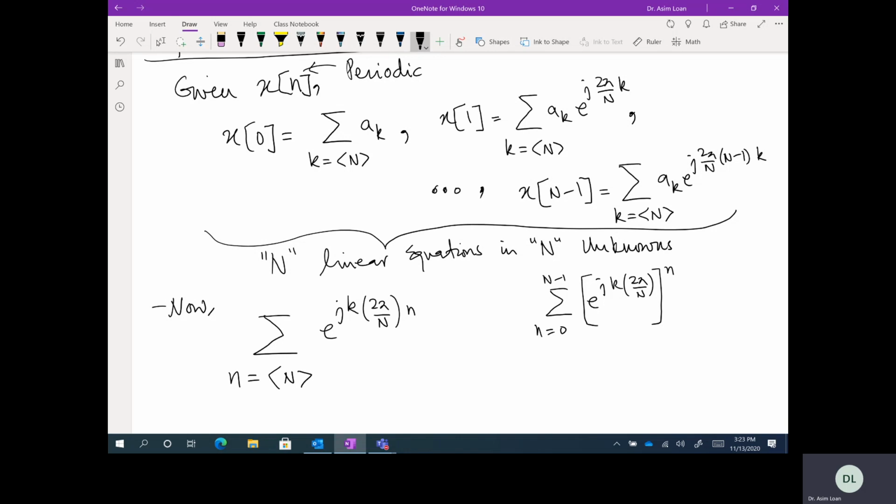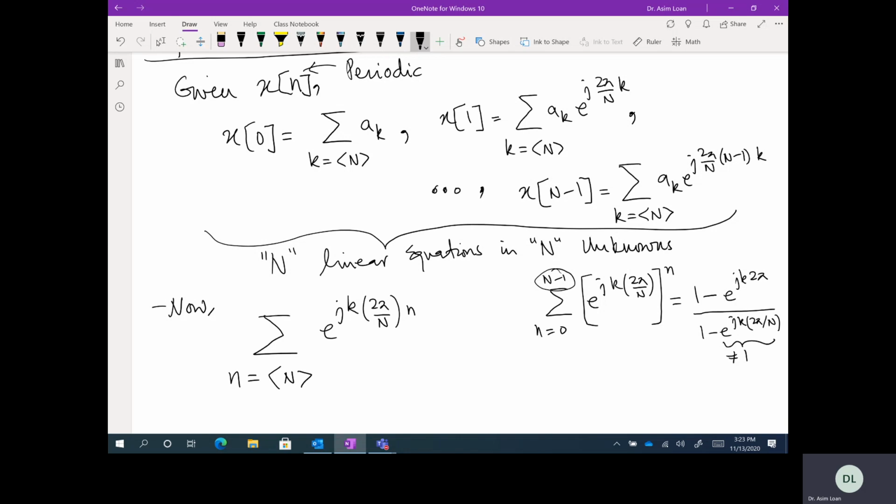So this is kind of a geometric series. If this is a geometric series, this will be 1 minus this term raised to the power upper limit plus 1, which is N. So N cancels, and I have e^{jk 2\pi}, and then I divide this by 1 minus e^{jk 2\pi/N}.